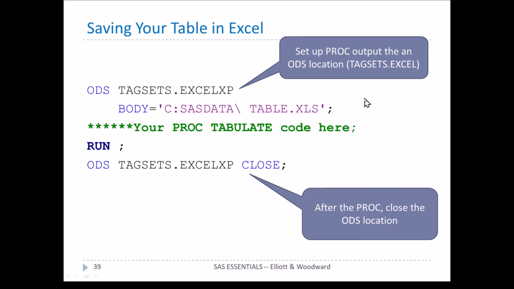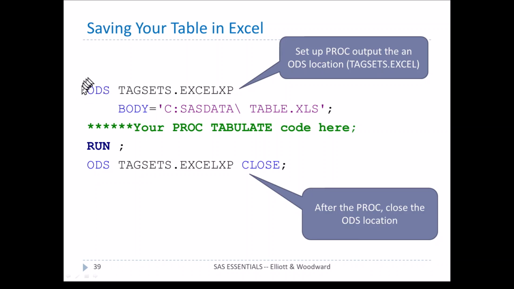Now, we've created a table. A lot of times, in corporations or in business, somebody always wants things in Excel. They don't have SAS, and so they want to have whatever you've created in Excel, so maybe they can play around with it and do something with it. Well, there's a way to save these tables that we've created to Excel, and the way we do that is with ODS, which we've seen in the past.